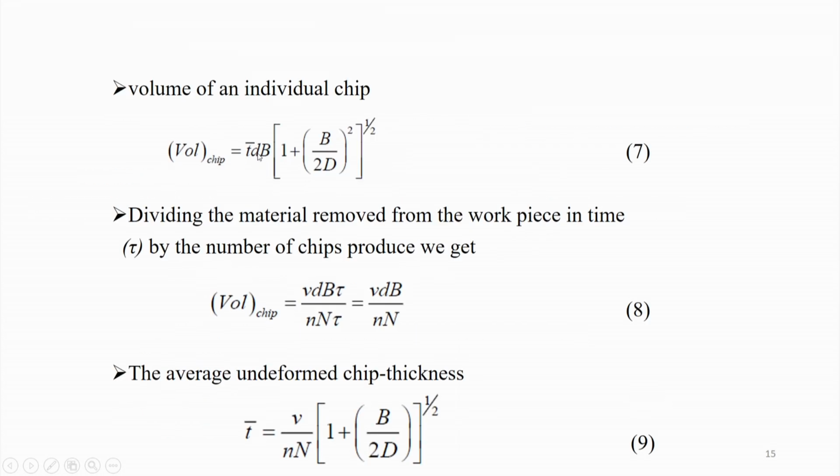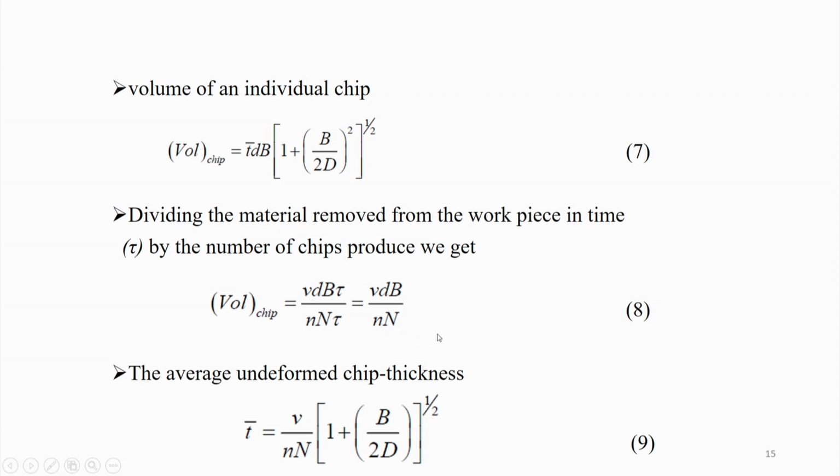So we get T d B (1 plus ...). Dividing the material removal from the workpiece in time tau by the number of chips, like in the previous case, we get the volume of chip equal to V d B tau, but in that much time n tau teeth have participated. That is why it becomes V d B divided by n.